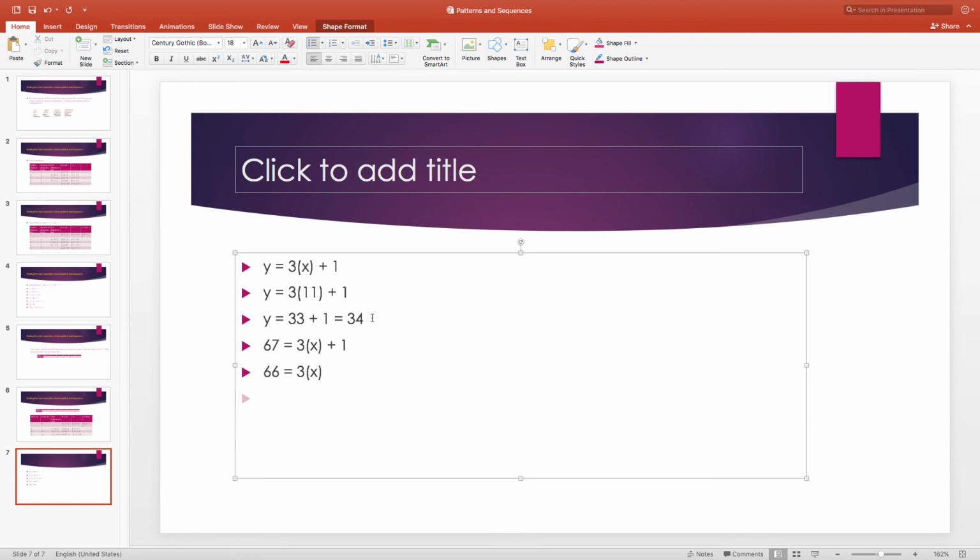Then I'm going to divide both sides by 3. Which means that 22 equals x. So it's the 22nd pattern that has a value of 67. And that's how you calculate the rule using a table of differences.